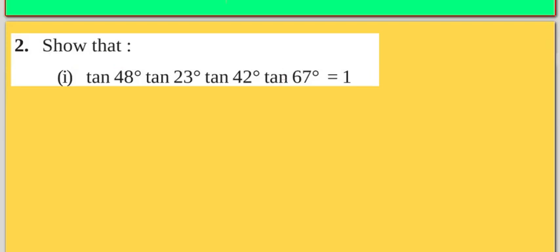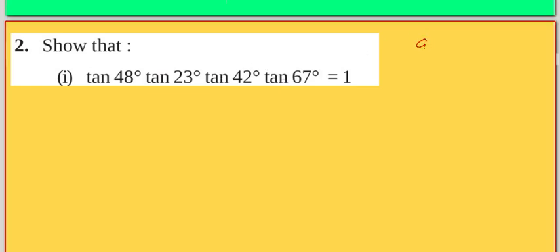First, let me see which are complementary angles. Here more angles are there: 48, 23, 42, 67, and everything is in terms of tan. From 90 we subtract any one of the angles. 90 minus 48: 10 minus 8 is 2, 8 minus 4 is 4, so 42.